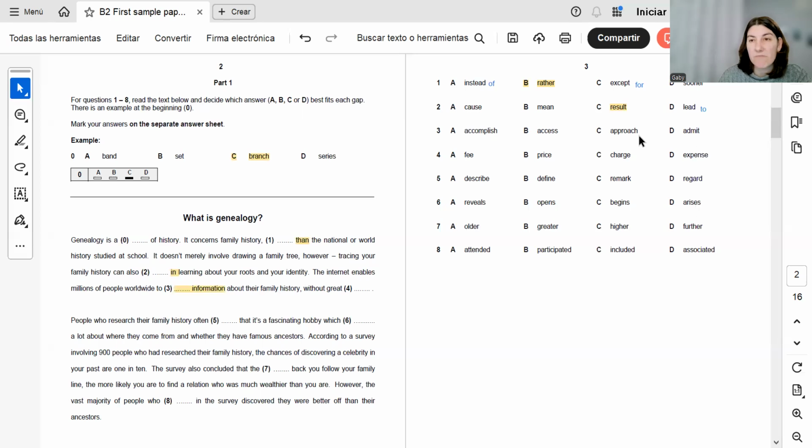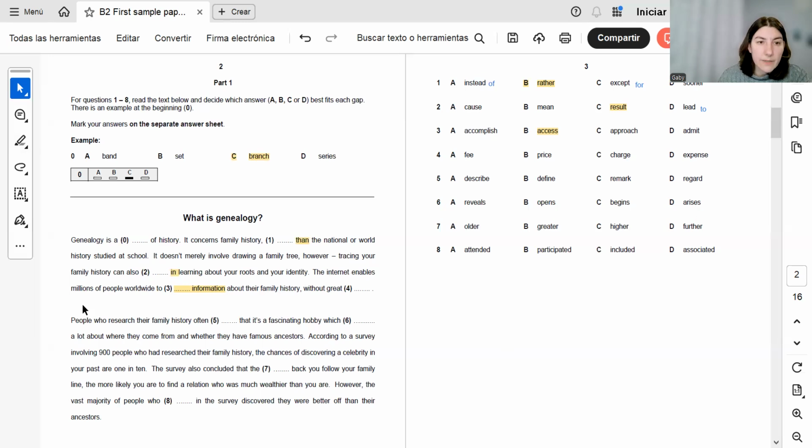Approach information, not really. And admit information, no. In this case, it's a question of collocation. What sounds logical? Which two words combine to make a commonly used phrase?